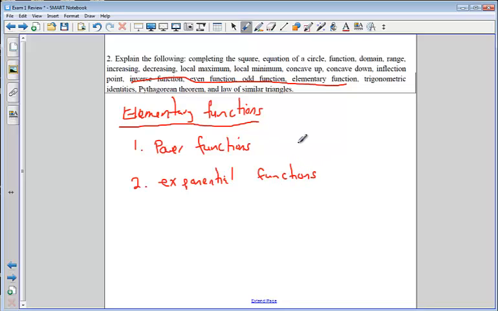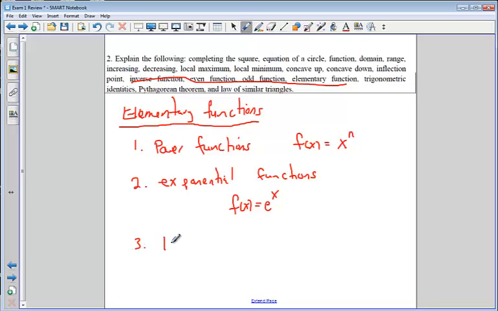I guess we should write these down. So a power function looks like this: f of x is equal to x to the n. N can be any real number. It can be positive, it can be negative. We'll even let it be 0. And we'll also include the constant functions in here, so like 2, 3, 4, or any real number. The exponential functions, all we really need is f of x equal to e to the x.